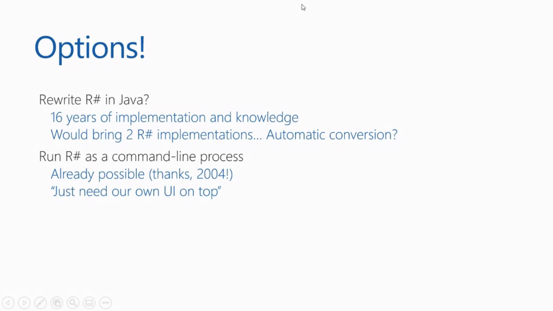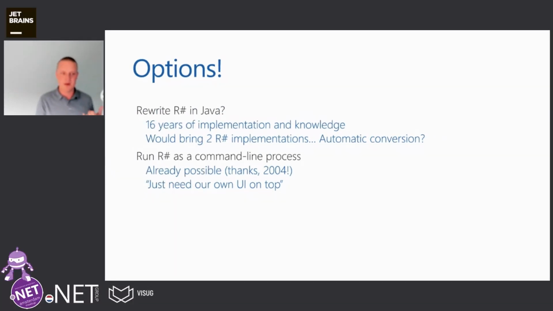One of the options was to maybe rewrite ReSharper in Java. ReSharper back then was already 16 years old, and we decided maybe it's not a good idea to do the big rewrite of ReSharper in Java, because that would mean that we, first of all, would throw away 16 years of implementation and knowledge, but also we would be bringing two ReSharper implementations to the world.